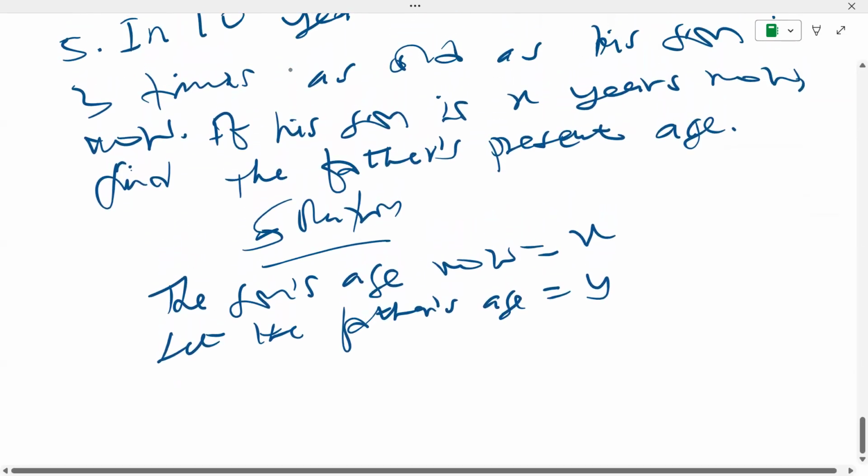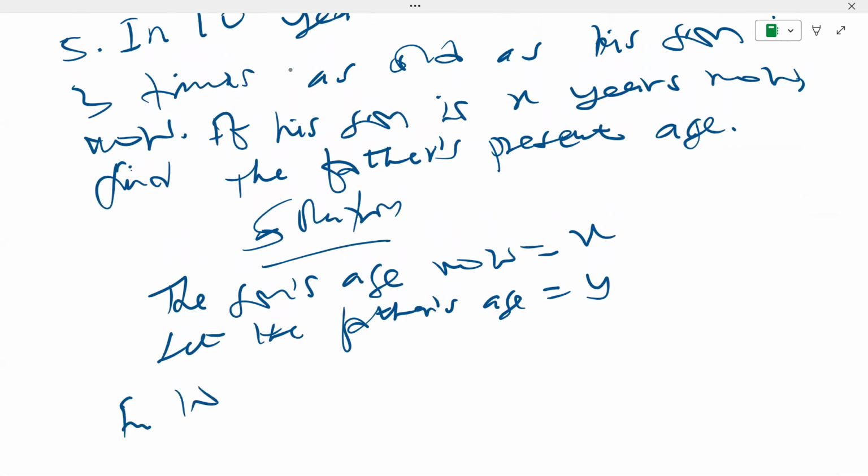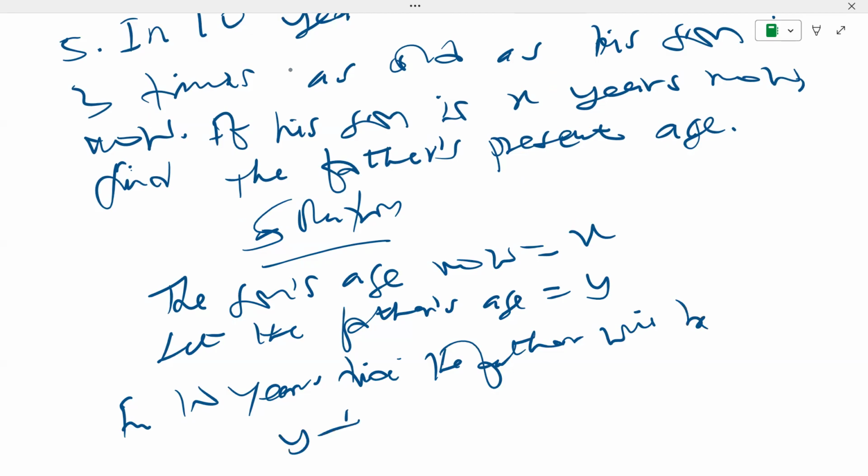Therefore, it means that in 10 years' time, the father will be y plus 10, because we are saying that the father is y years now.